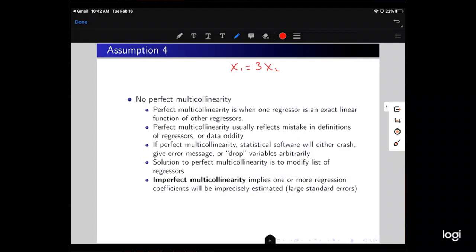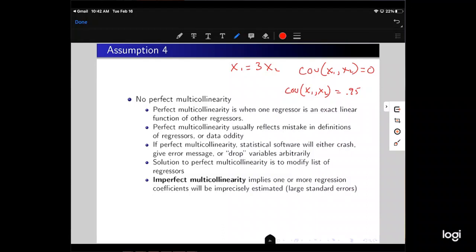Imperfect multicollinearity can also be a problem. Your variables are always going to be somewhat correlated. You never have perfect non-collinearity, right? You never have two variables where the covariance of x1 and x2 is exactly equal to 0. The problem is when the correlation between x1 and x2 is maybe something like 0.95.